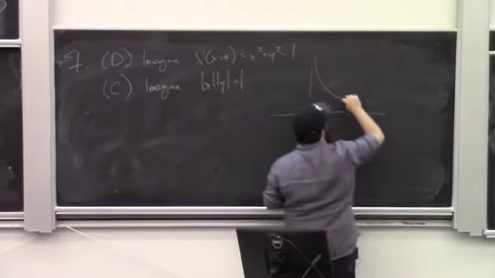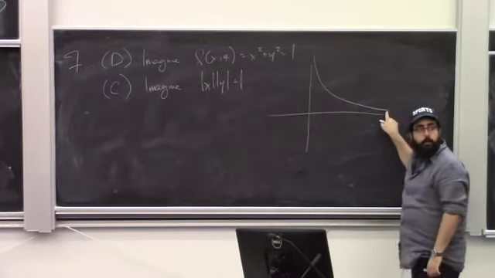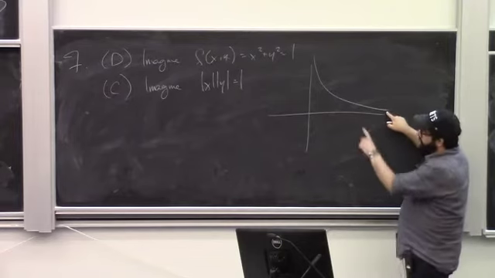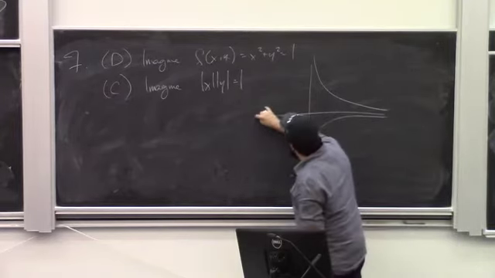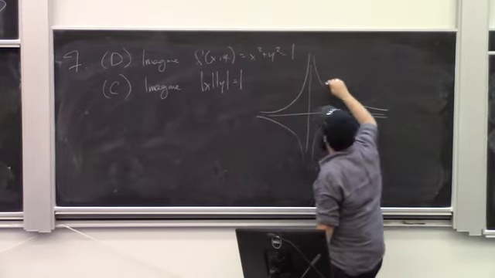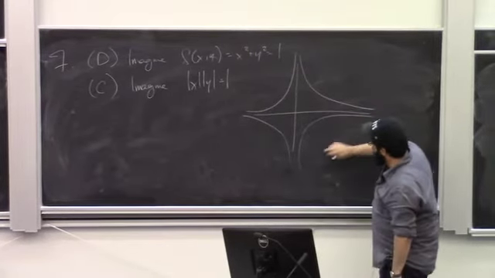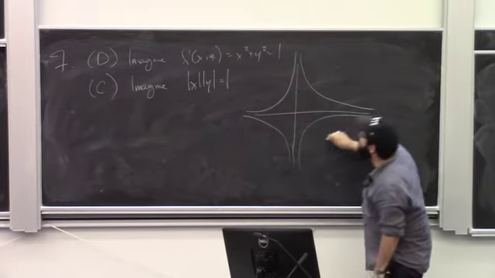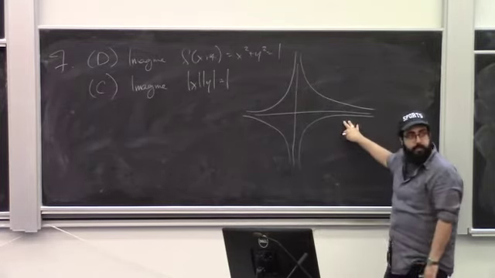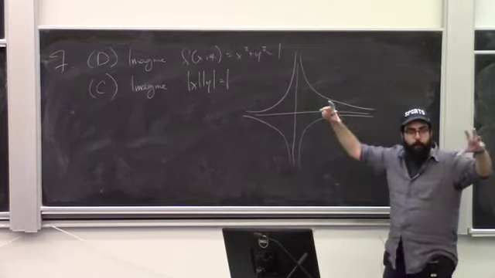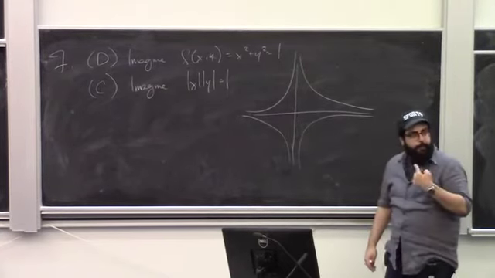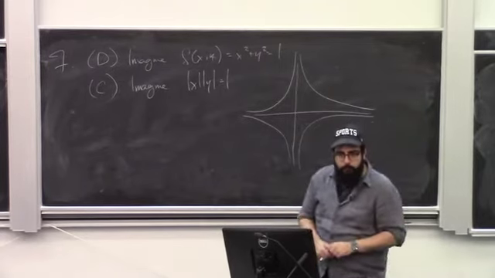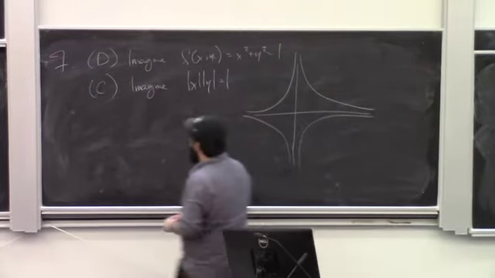So for positive x's and y's, it's this curve. And then as you allow for x or y to be negative, you just get all the reflections of this curve. So, this is a slightly crappy drawing, I'm sorry, but the level sets of this function will look like this. Closer to the axes or farther away from the axes, depending on the constant. And in particular, nothing like that picture, so that's out.